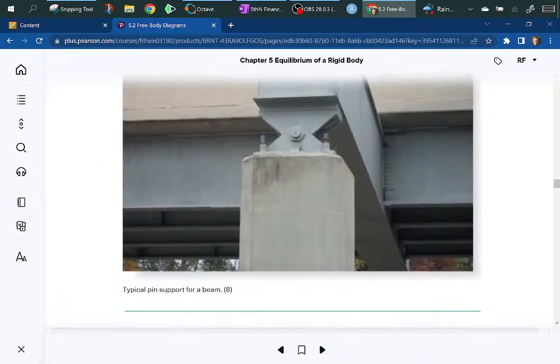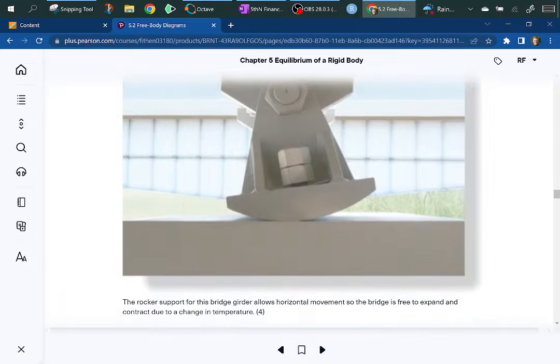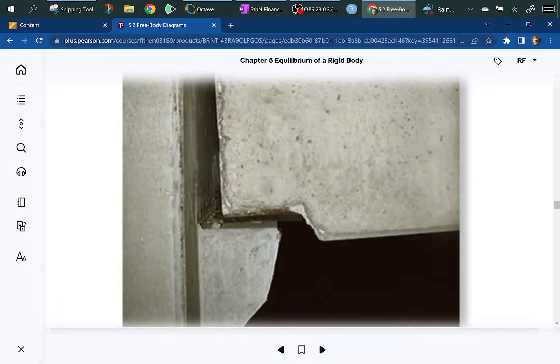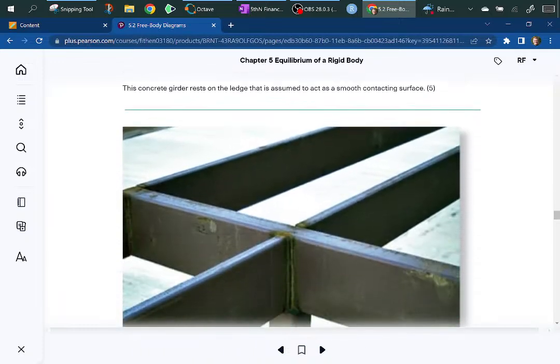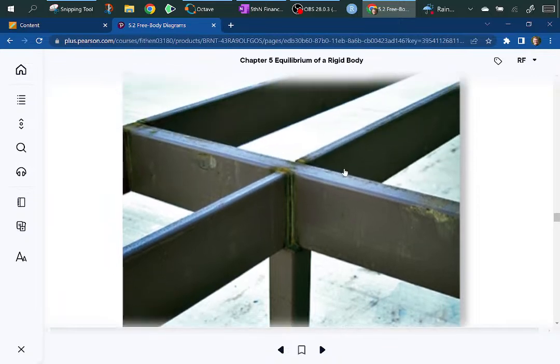Here's a pin. There's a very common rocker system right there. You can find these fairly commonly in a housing structure or a building.